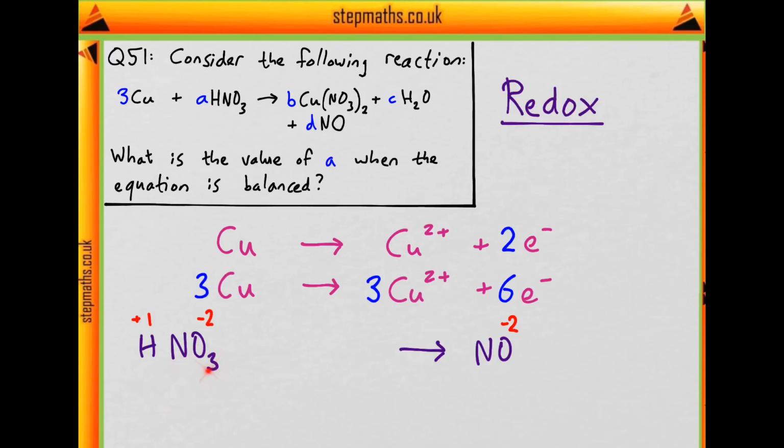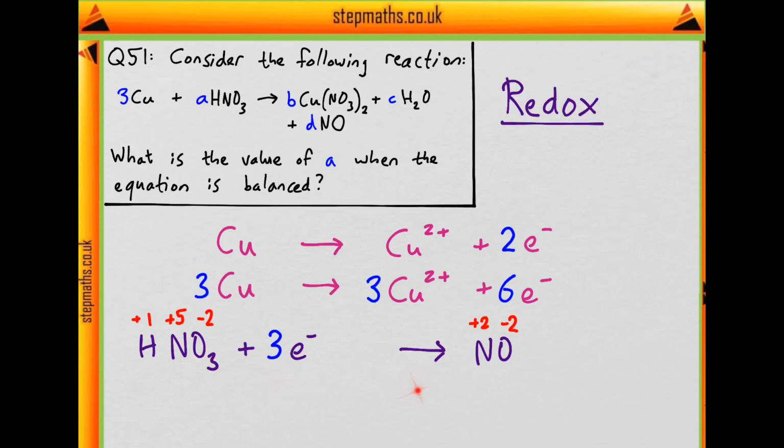We have 3 oxygens that are each -2. That brings it down to -6. +1 from the hydrogen, -5. So nitrogen must be +5 to balance it out overall. For nitrogen monoxide, we've got -2 from oxygen, so nitrogen's +2. How many electrons do we need? Nitrogen's gone from +5 to +2, so that's 3 electrons.